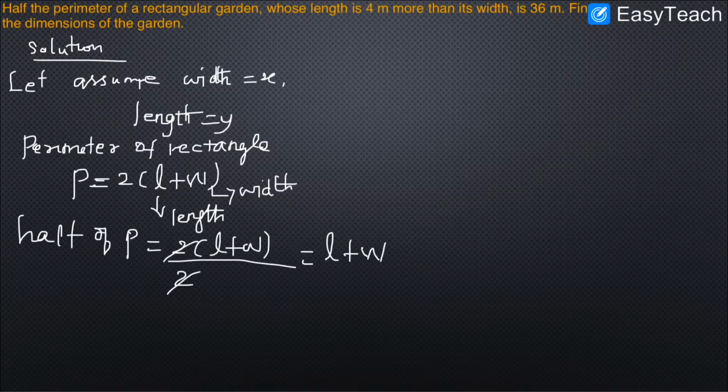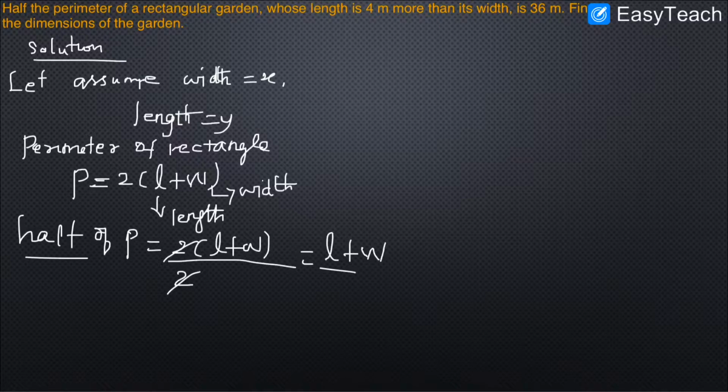In the next step, I am going to write the second scenario first, which is that half the perimeter of the rectangular garden is 36. So here we found half the perimeter is L plus W. Before that, what is L?